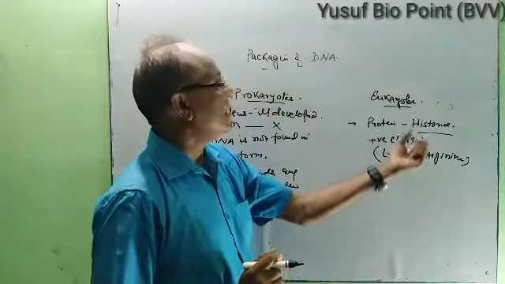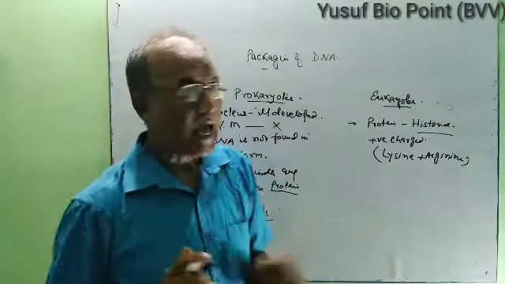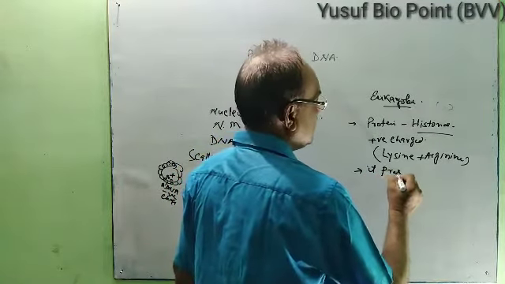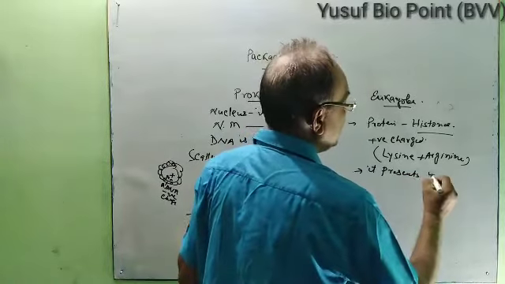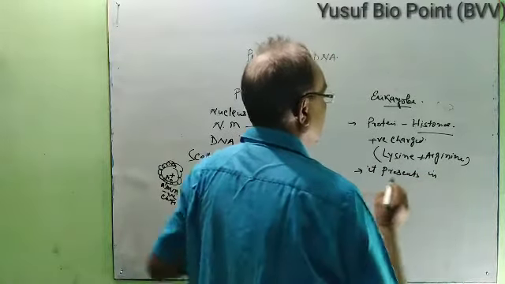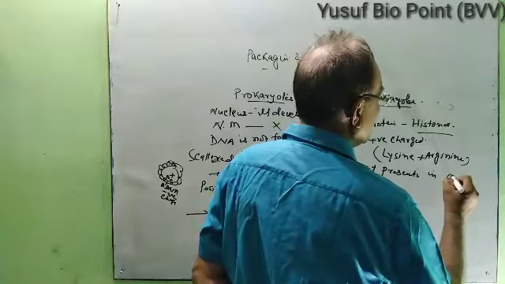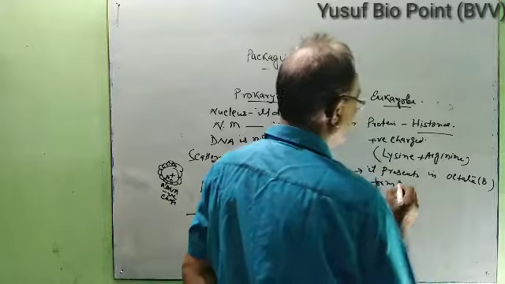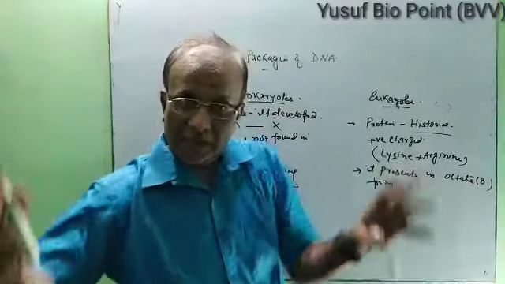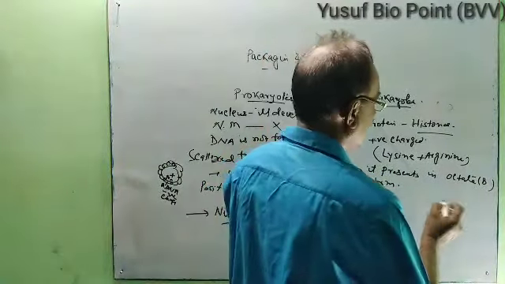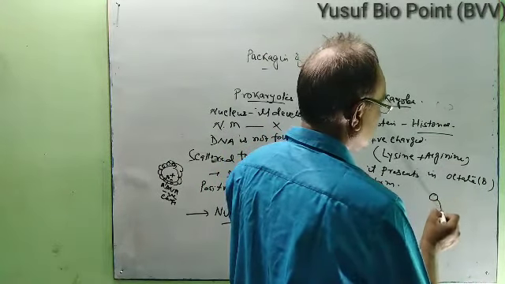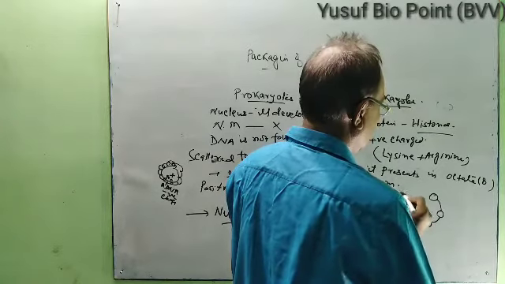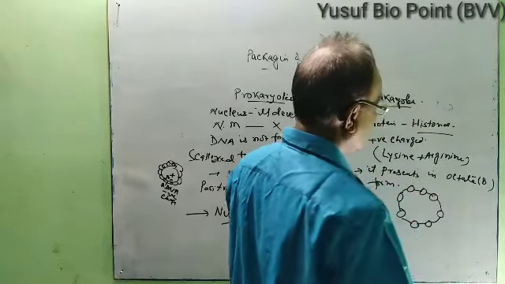Due to this, its positive charge is maintained, and it is present in octet form, यानी 8 हिस्टोन्स एक साथ मिले होते हैं, like that. These are the histones.